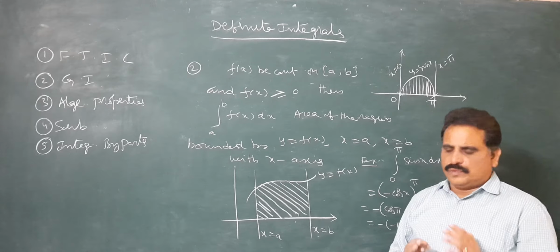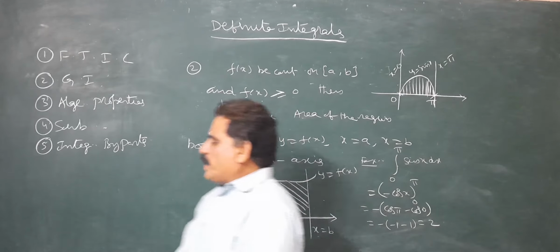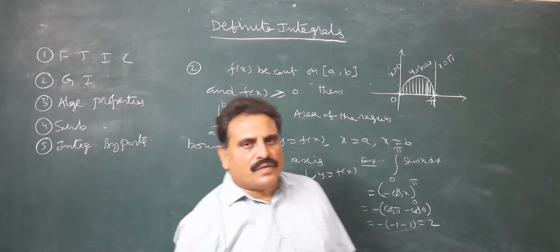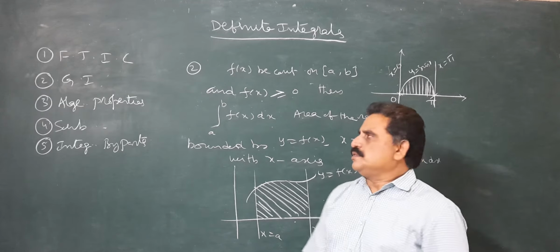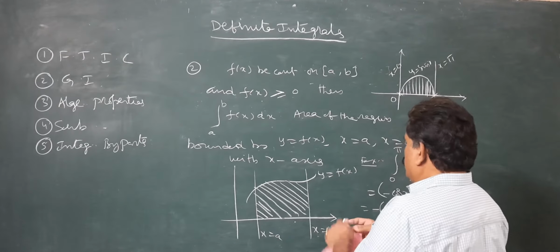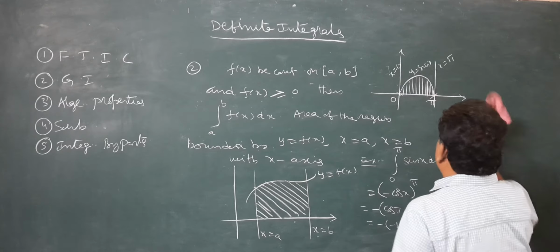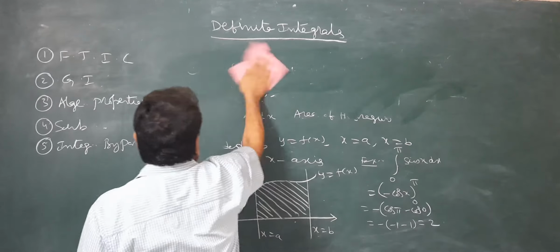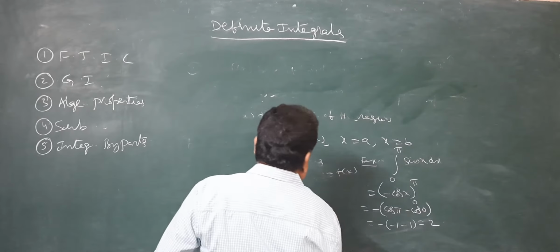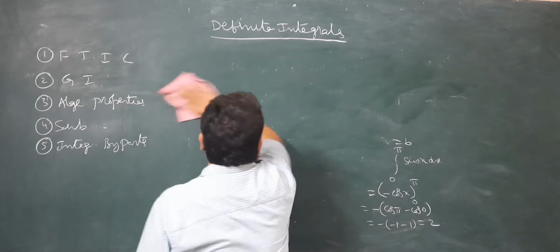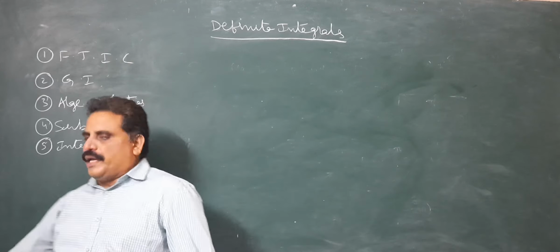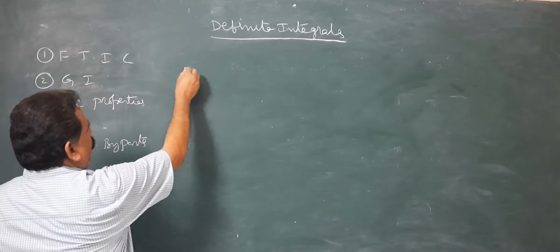Okay. Now we are coming to the algebraic properties of definite integrals. That is next. For the integral a to b f of x dx, if we interchange the limits, what happens? If we break the interval, what happens? That we discuss here. Now, algebraic properties, the third one.